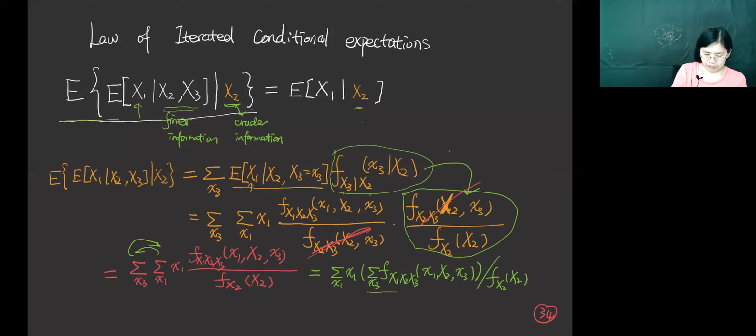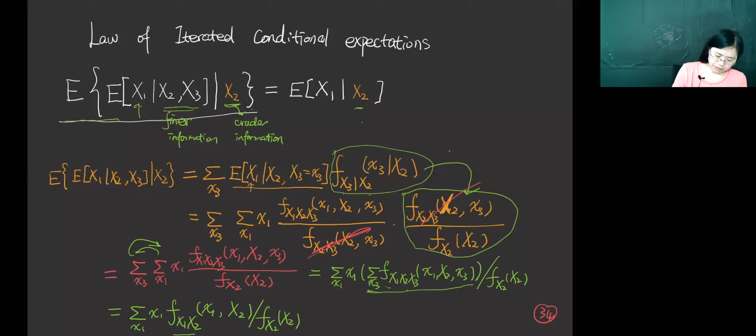But what is this sum of the joint distribution over x3? We are summing over x3, so that becomes the marginal distribution of x1, x2. So we have a sum over little x1 of x1 times the joint distribution of x1, x2, evaluated at little x1, big x2, divided by the marginal of x2.